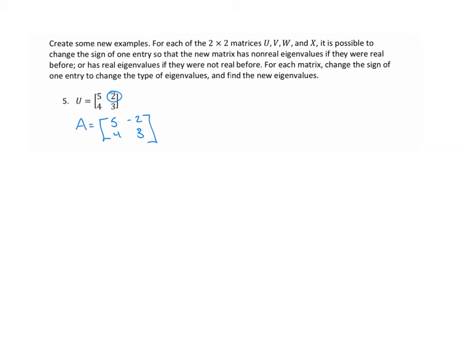And if I find the eigenvalues of this matrix, I am now going to have things that are imaginary. So if I set up 5 minus lambda, negative 2, 4, 3 minus lambda, and if I cross multiply and simplify, I'm going to get lambda squared minus 8 lambda plus 23.